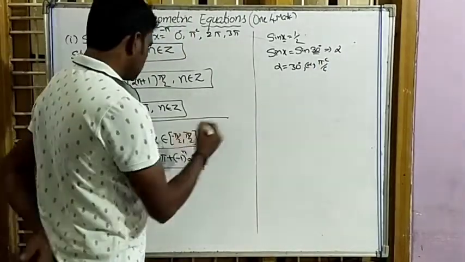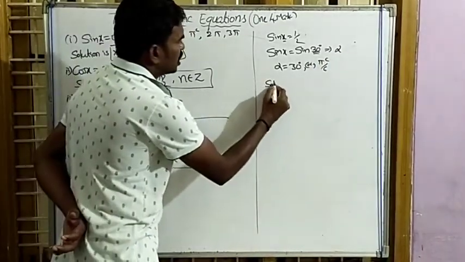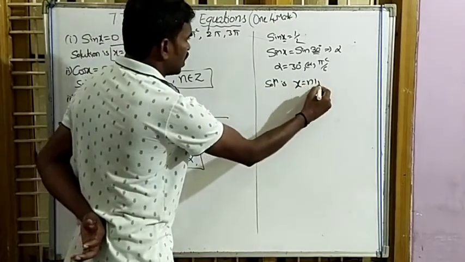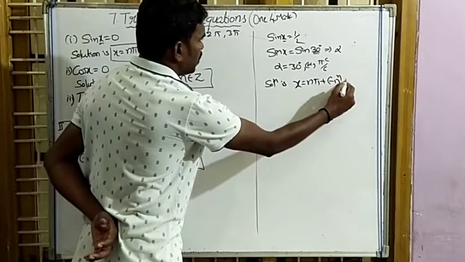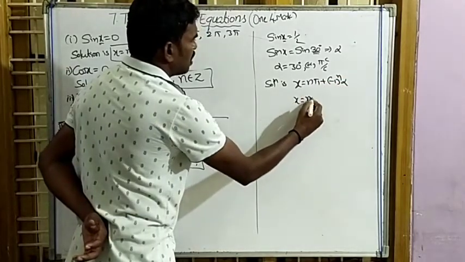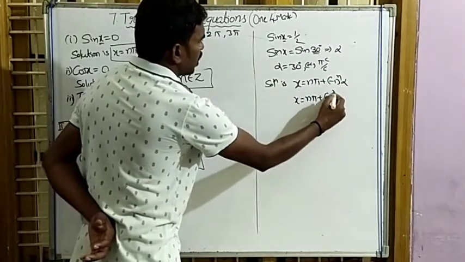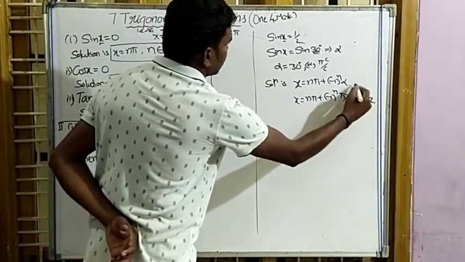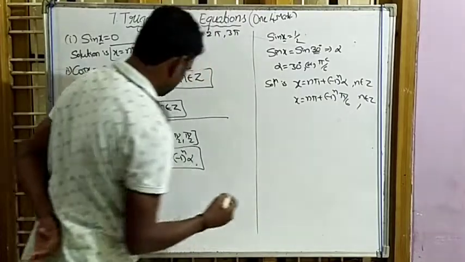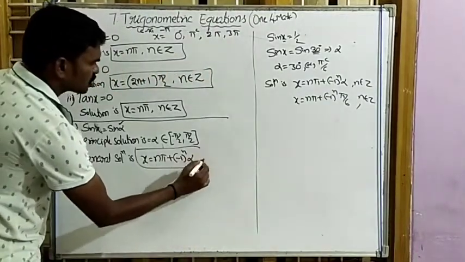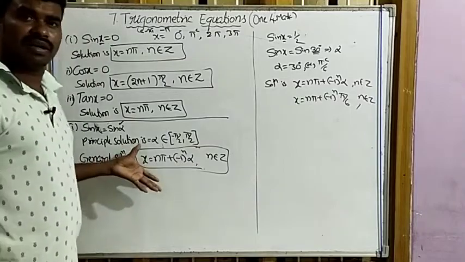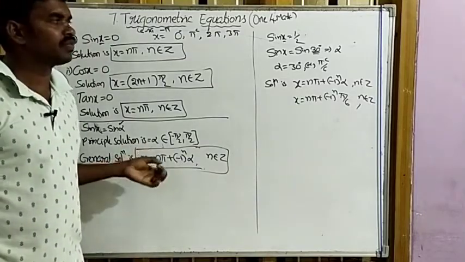So using the formula, the general solution is x is equal to n pi plus minus 1 power n into alpha, then x is equal to n pi plus minus 1 power n into pi by 6. That's it. n belongs to z. Here also n belongs to z. Okay, so this is the formula.